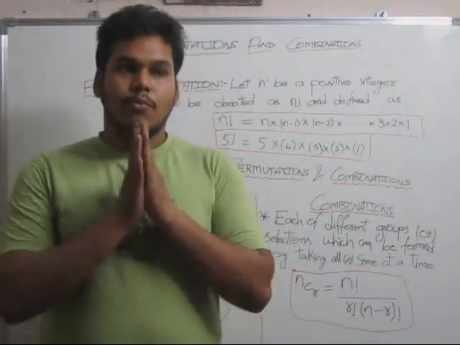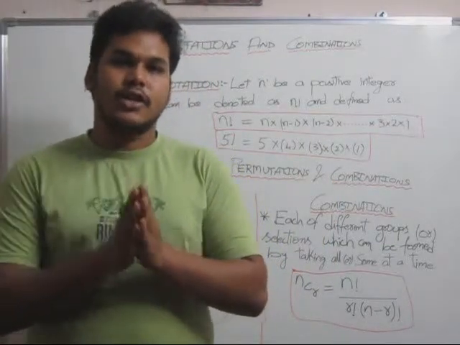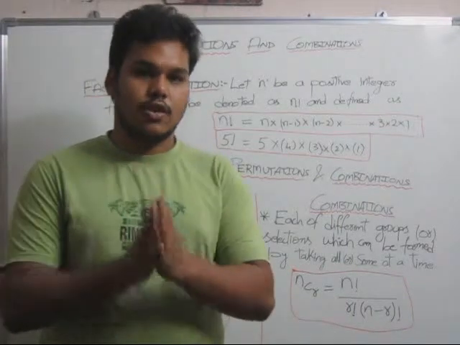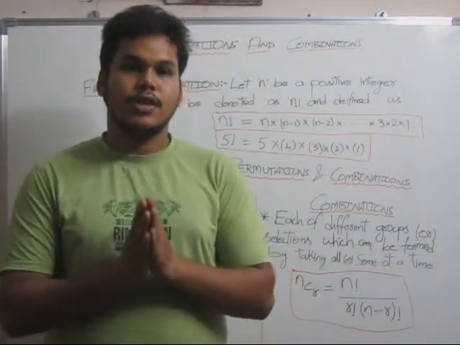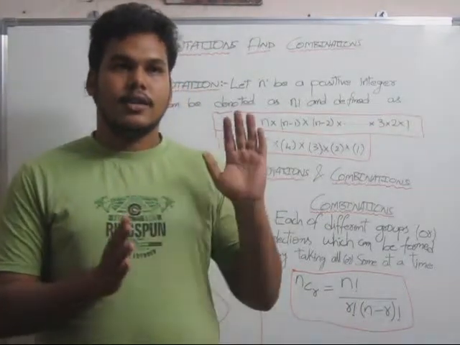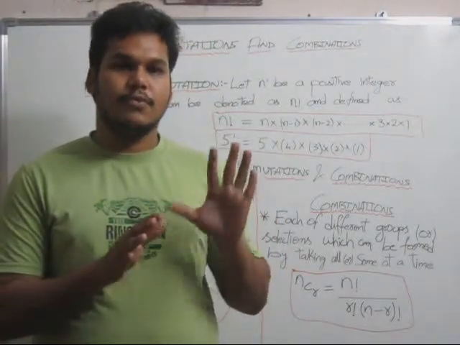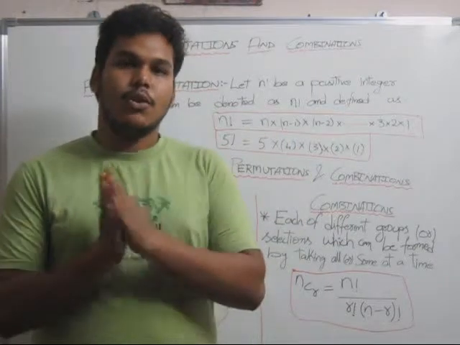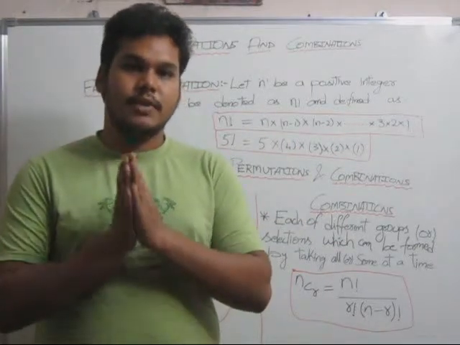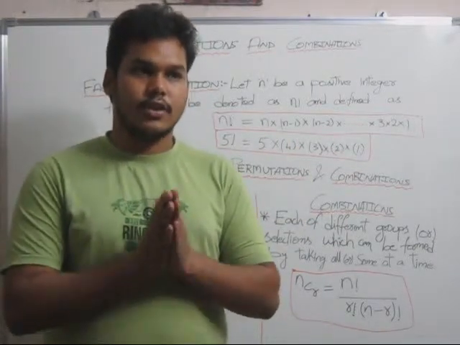Now let us take an example to clear the confusion between a permutation and a combination. Suppose we have a cricket team of 15 players, and we have to form a team consisting of 11 members.